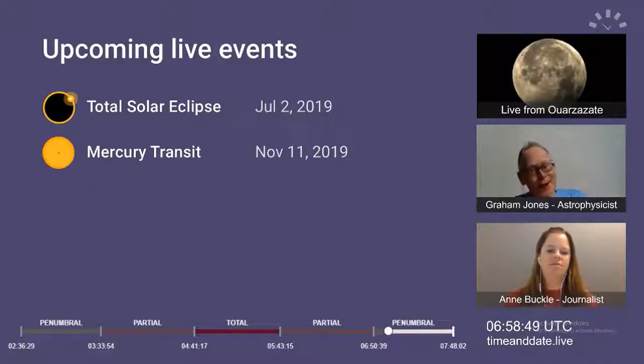The reason we see a blue sky normally is because we're looking at blue light being scattered to us from above. When the sun is very low down on the horizon and it's coming through much more of the Earth's atmosphere, more of this blue light is being scattered away. So we're being left with the red part of the spectrum. So that's why we have these lovely red sunrises and sunsets.